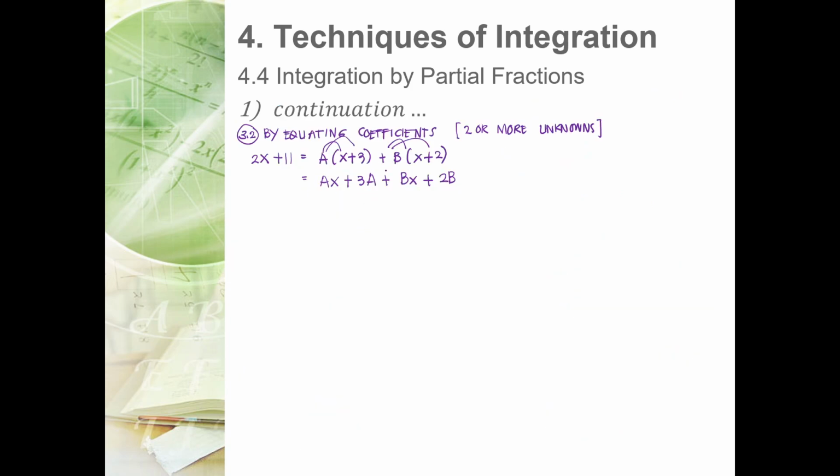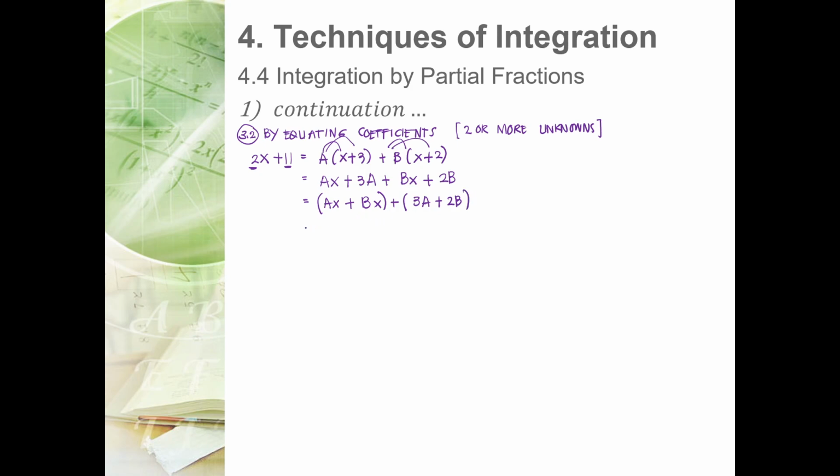After expanding, we're going to group together the terms because we need to equate the coefficient of x on the left against the coefficient of x on the right side, and the constants on the left side with the constants on the right side. So we're going to group the x's first: ax plus bx, and then group together the constants, that's 3a plus 2b.